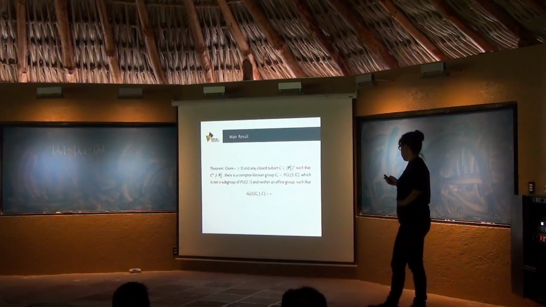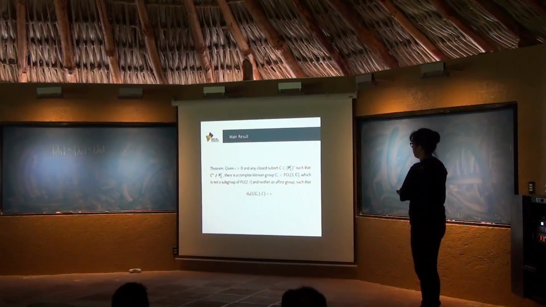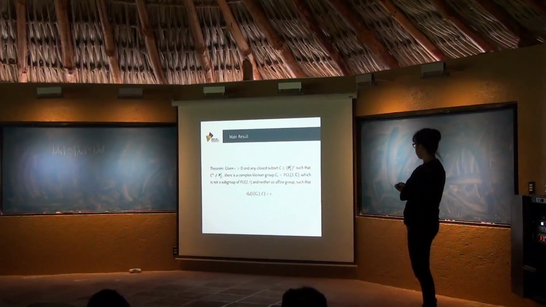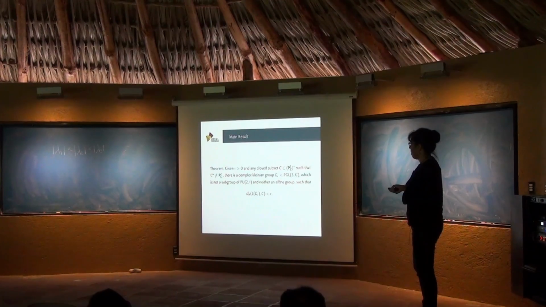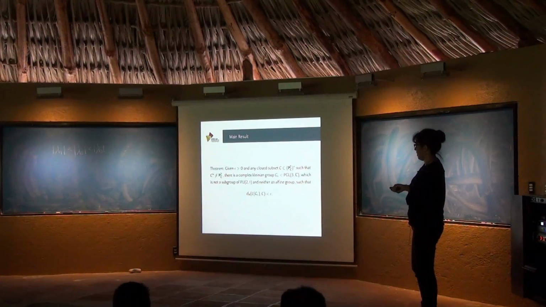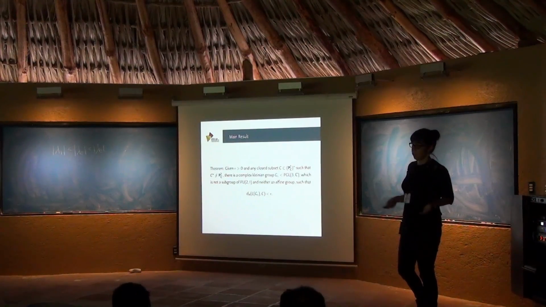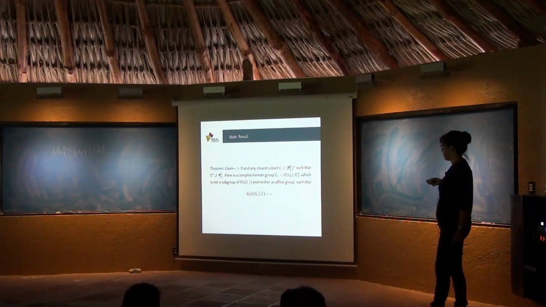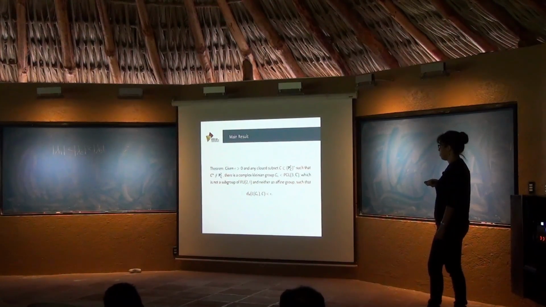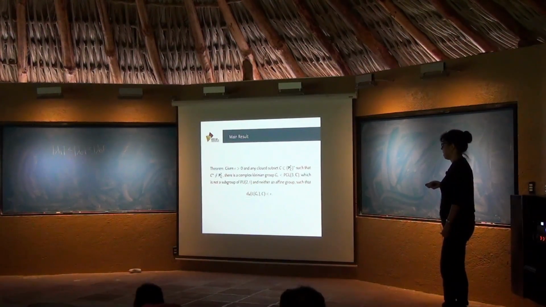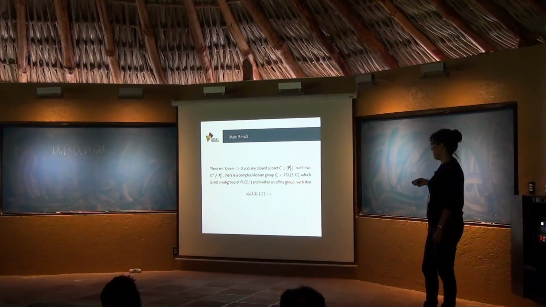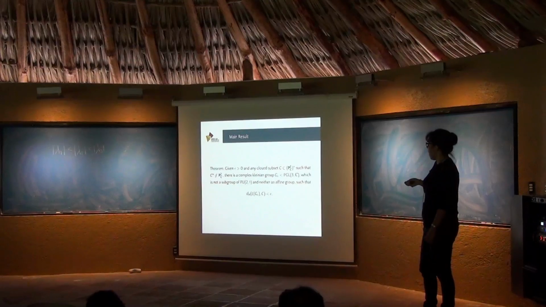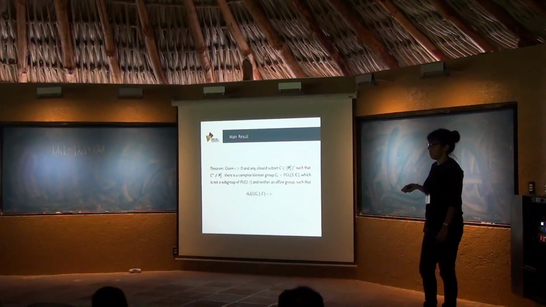And this is the main result. Given epsilon positive and any closed subset C in the dual space of the complex projective plane, such that when I think of this closed subset in P2C it is not the whole space, then there is a complex Kleinian group G epsilon, a subgroup of PGL3C, which is not a subgroup of PU21 and neither an affine group, such that the Hausdorff distance between this closed subset and the limit set of this group is smaller than epsilon.